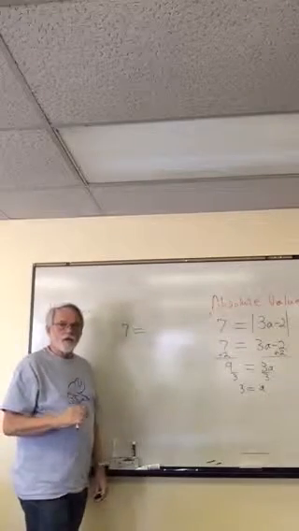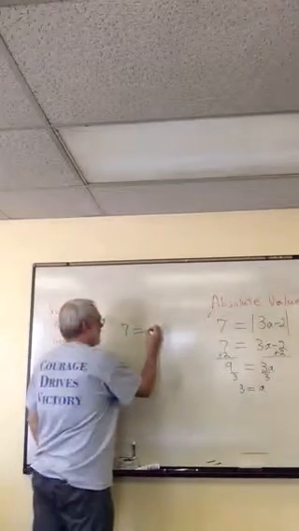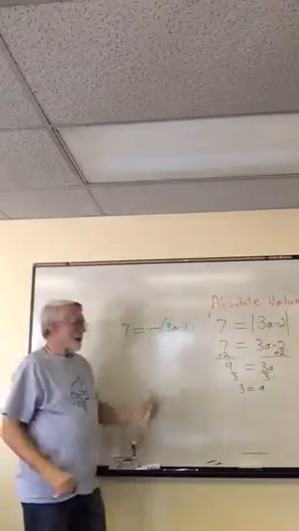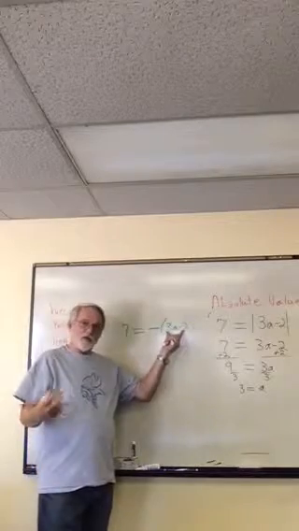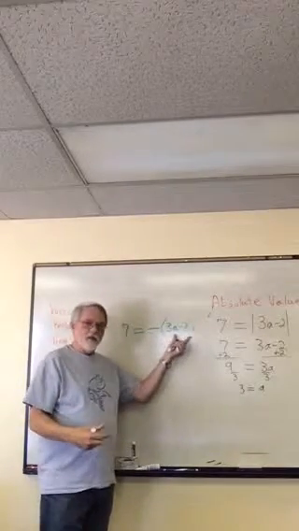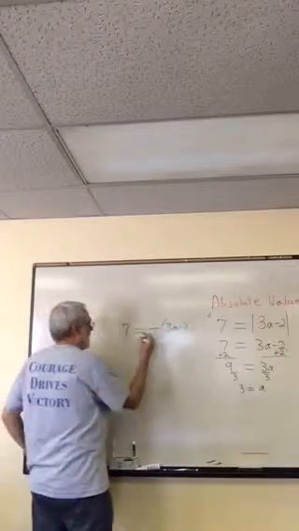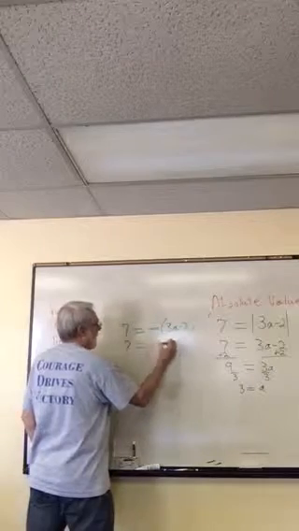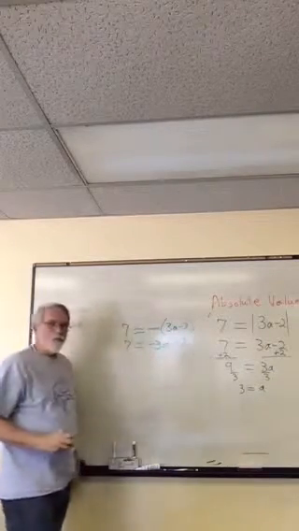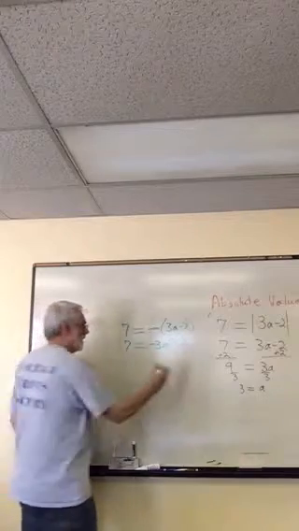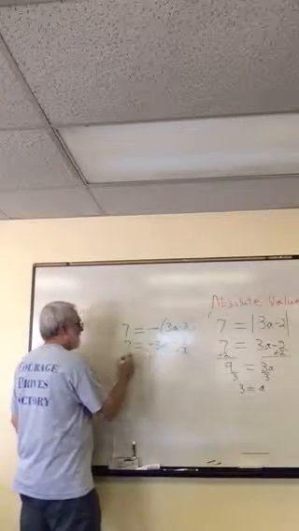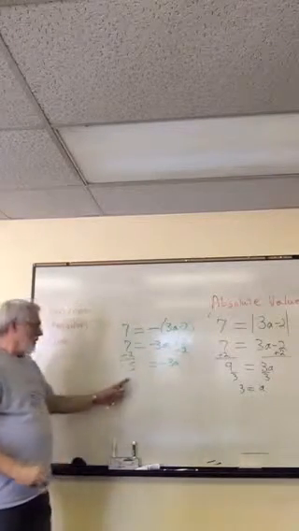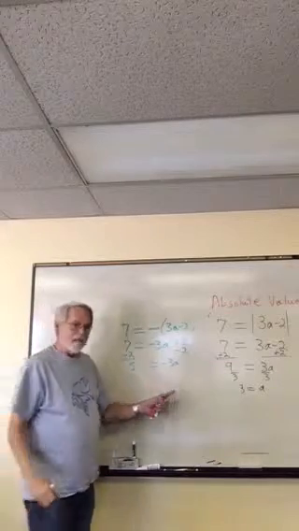So we have to also acknowledge that it could be 7 equals the opposite of 3a minus 2. Notice that we put this in parentheses to make sure that we're looking for the opposite of this. And then we go ahead and distribute. Remember that. 7 equals -3a plus 2. Got it? Then we subtract 2 from both sides. We get 5 equals -3a.